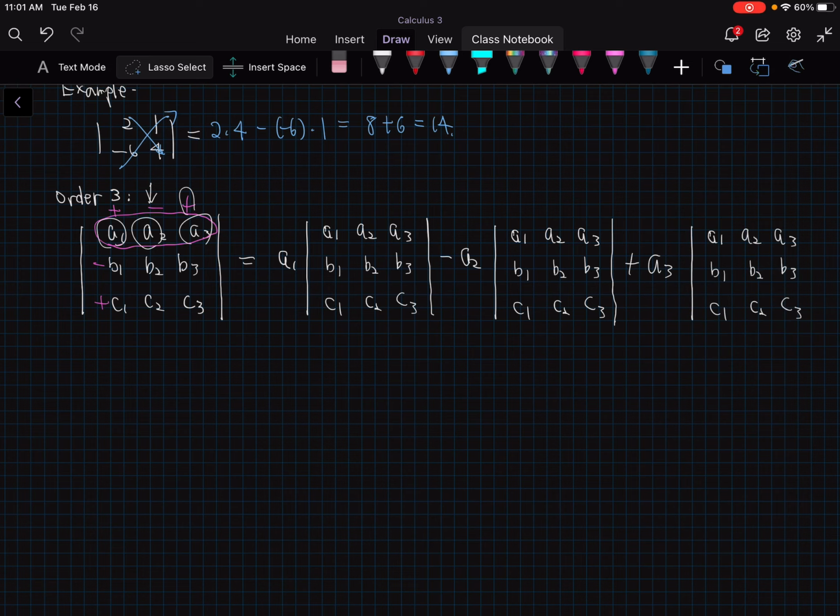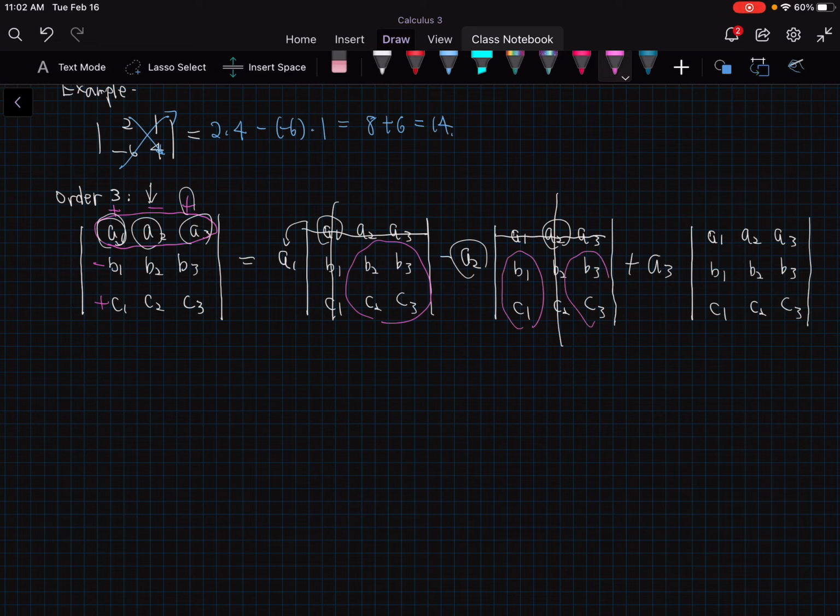Okay, there you go. All right, so the rule is this, right? If you take from A1, this A1 position, you're going to cross out the row and column of A1, so you're going to have an order 2 determinant here. If you take it from A2 here, you're going to cross out the row of A2 and the column of A2.